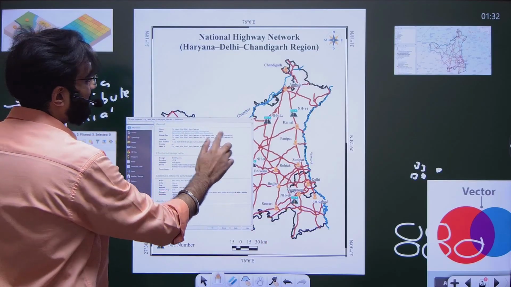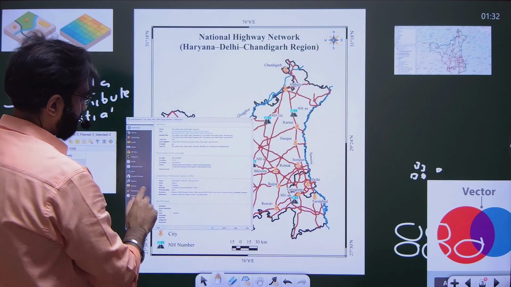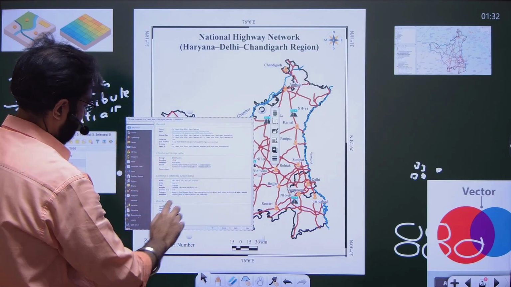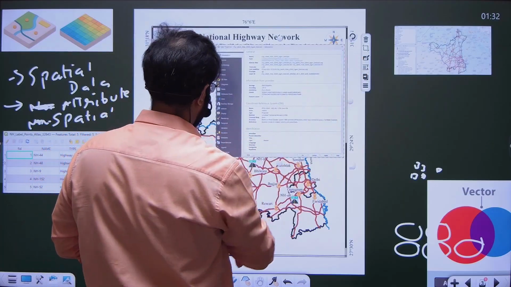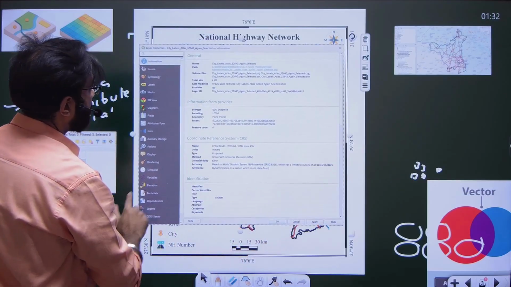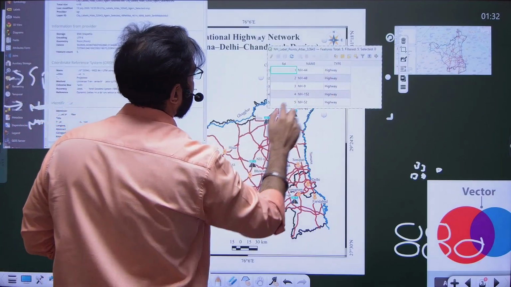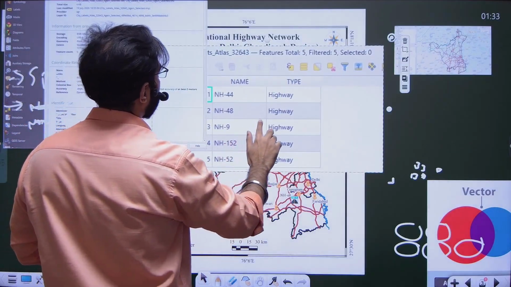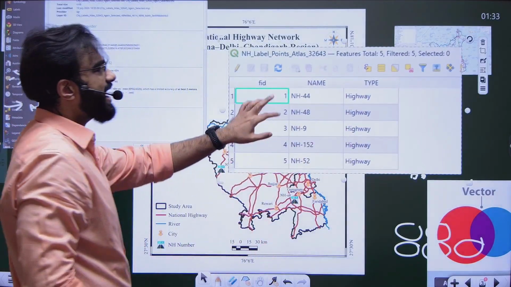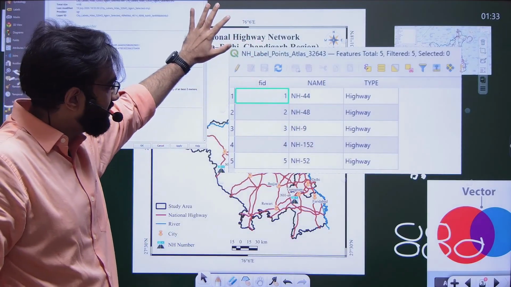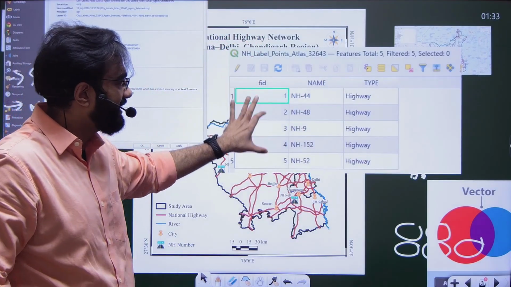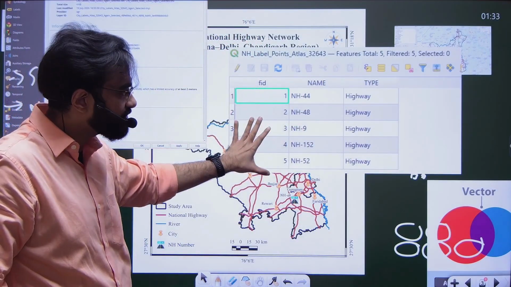When you right click on the vector layer, you can see the attribute table, or the non-spatial data. For example, it has an ID associated with it.